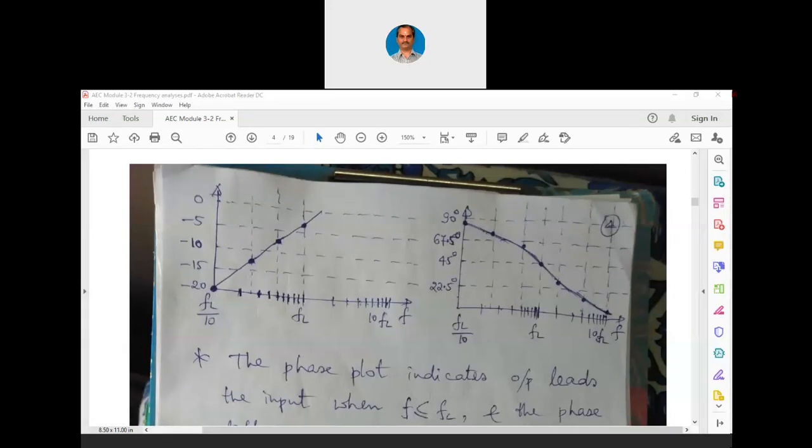I am showing you only a portion of the curve here because we are interested only in one particular decade now. So from fL by 10 till 10fL, let us plot. You can see that we have got these distinct points which we had obtained earlier. Now these distinct points we can join.